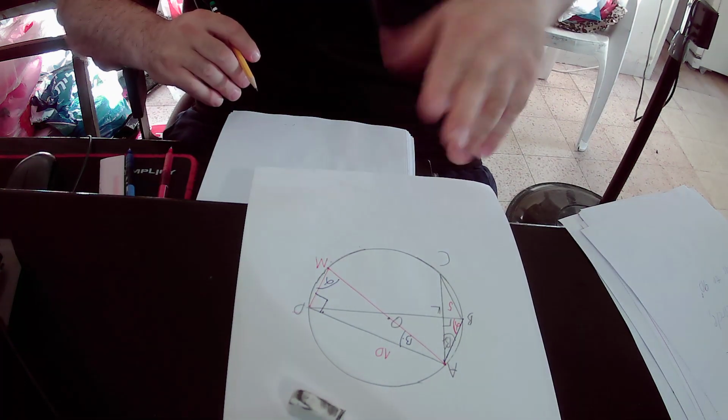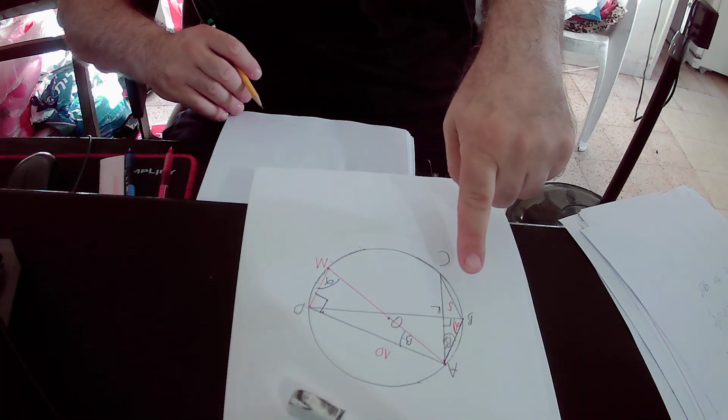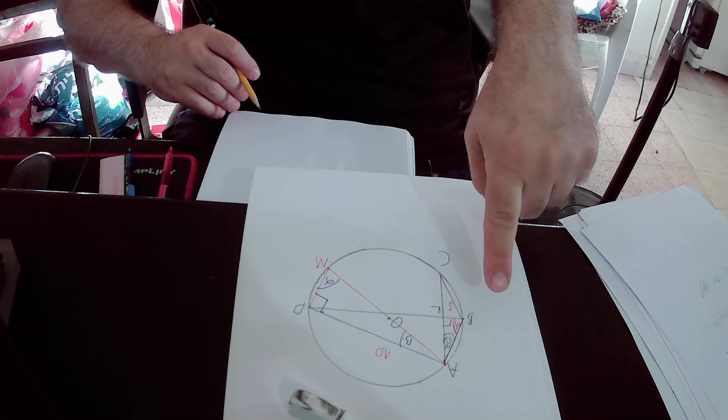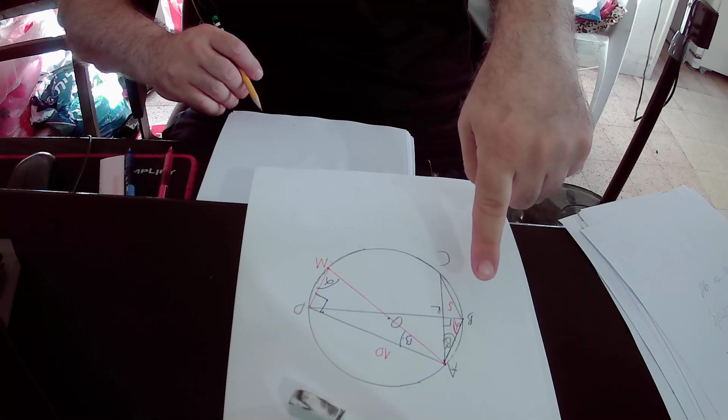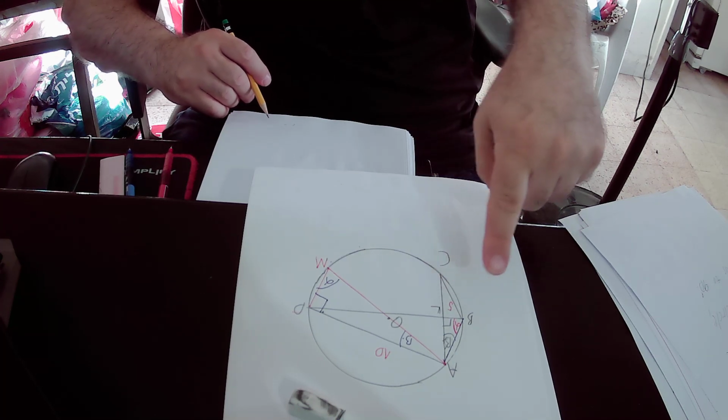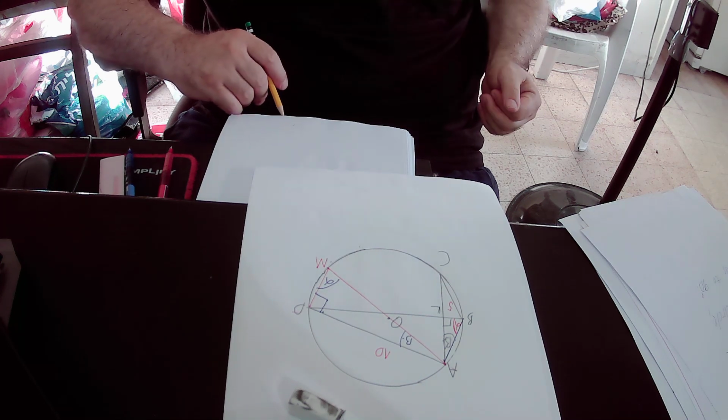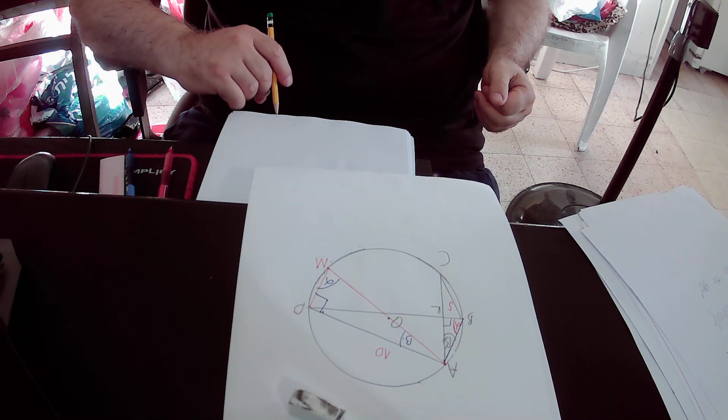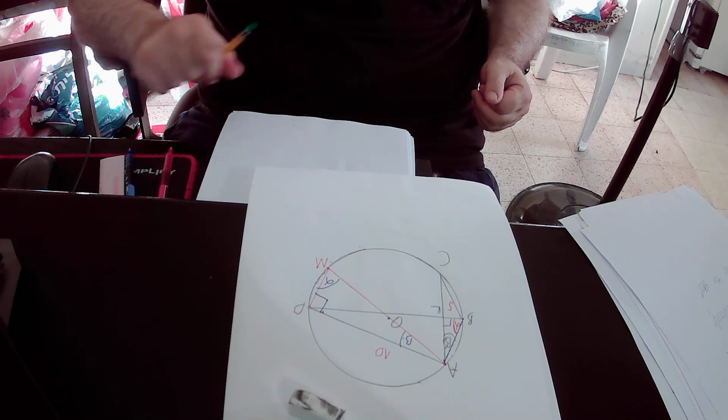Okay, X equals beta, so instead of X in the right triangle ABL, I wrote beta because X equals beta. Now we have rule number 3.